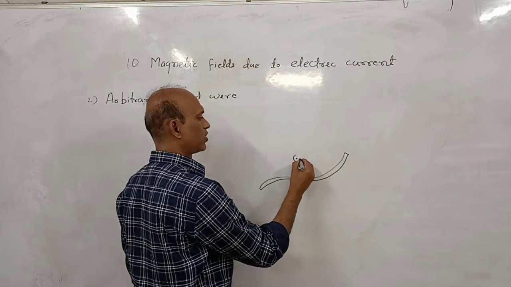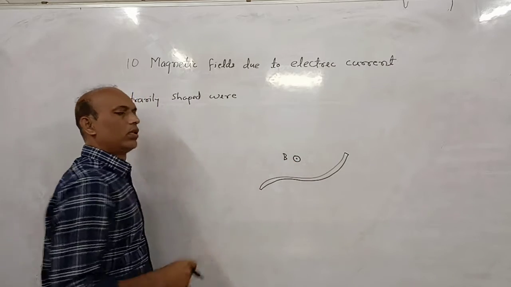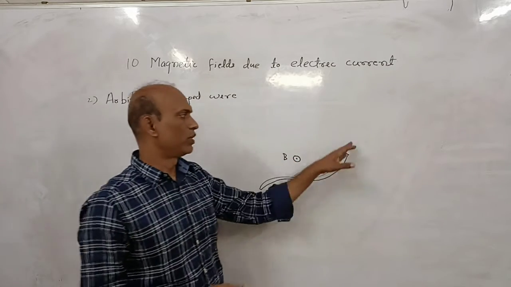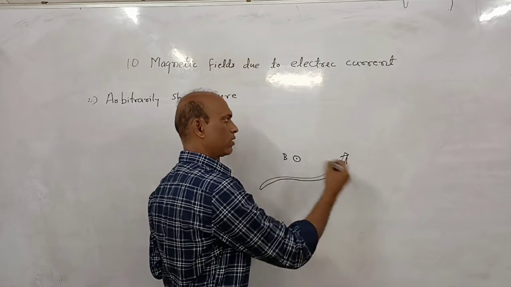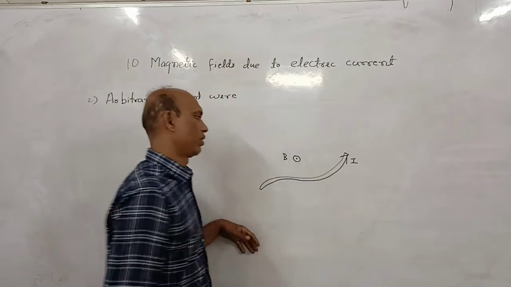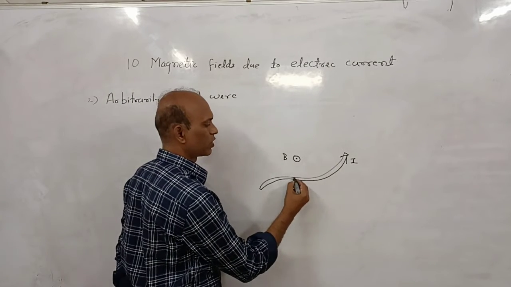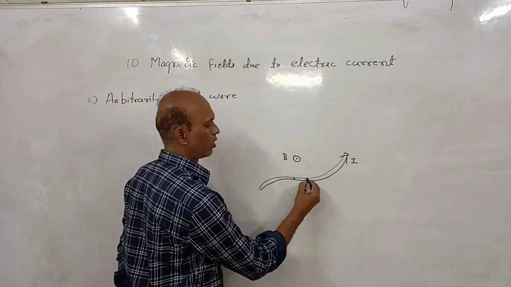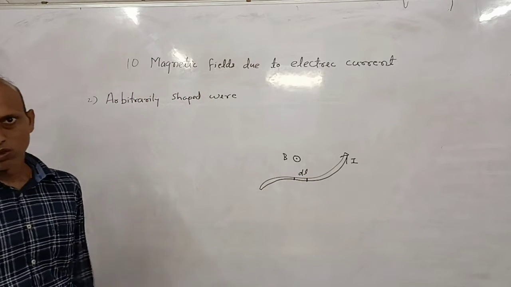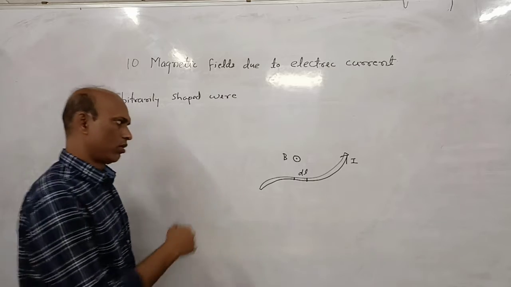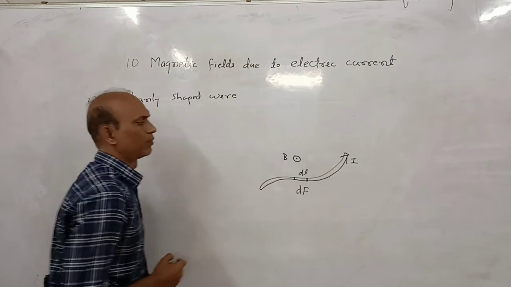If this is the direction of the magnetic field, and the current I is flowing through this arbitrary shaped conductor, what will be the force? First consider a small element dl. The force acting on this element dl will be dF.